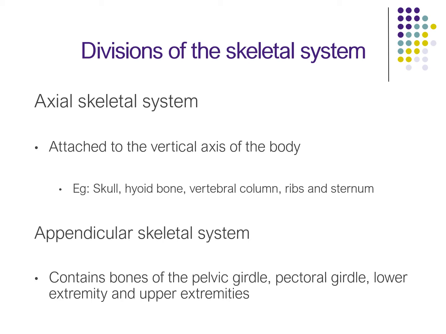Next week, we'll look at the appendicular skeletal system. These are the bones that are basically your appendages and what supports them: the pelvic girdle for the lower limbs and the pectoral girdle for the upper extremities.